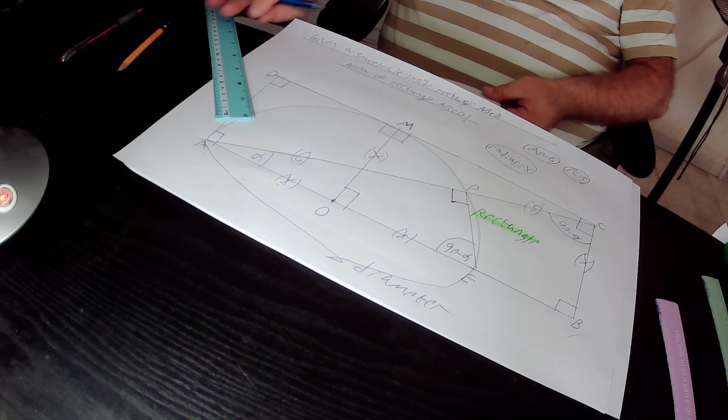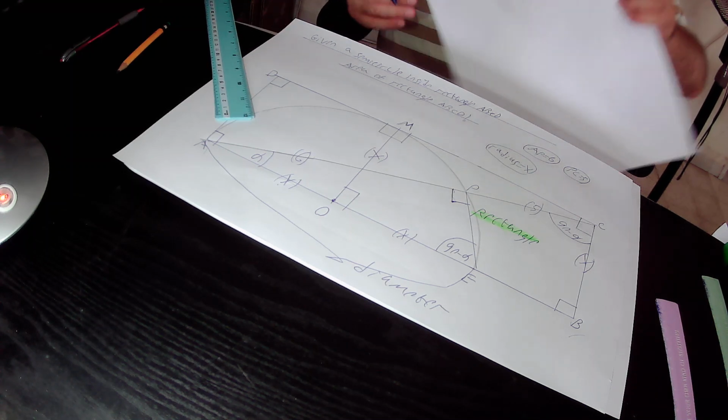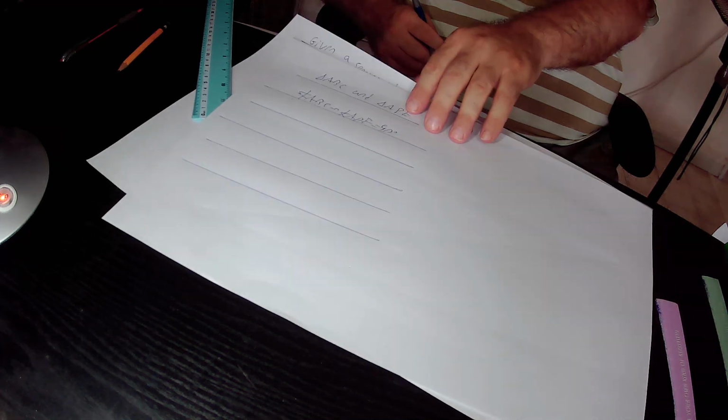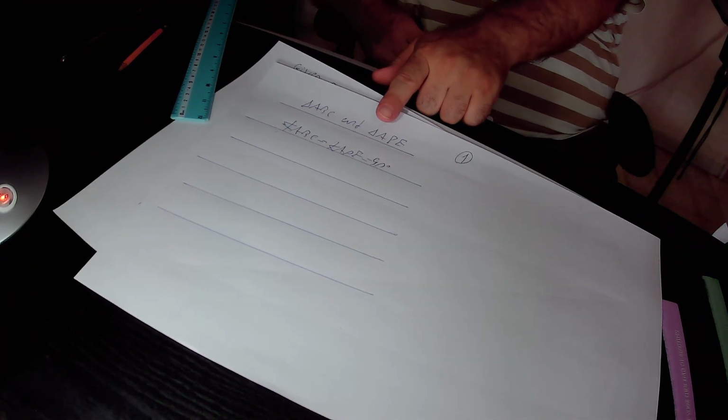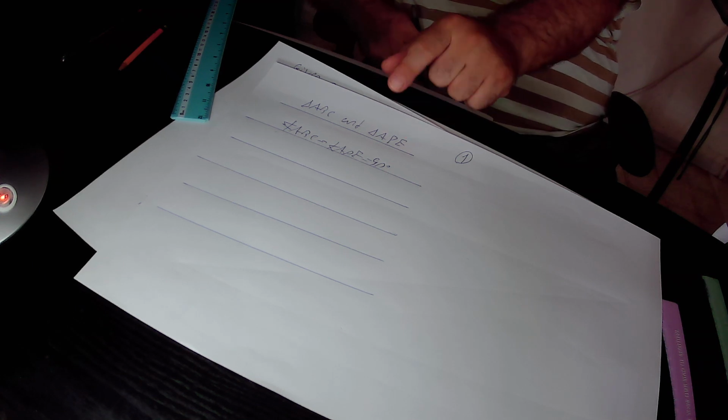So I'll repeat again. Angle ABC in the big right triangle ABC equals angle APE in the small right triangle APE. They are both equal to 90 degrees and therefore they are equal to each other.